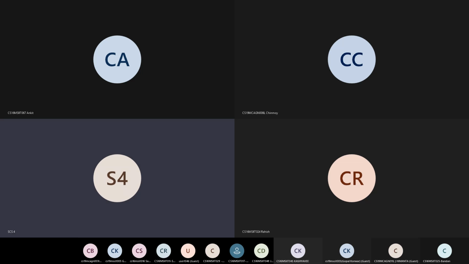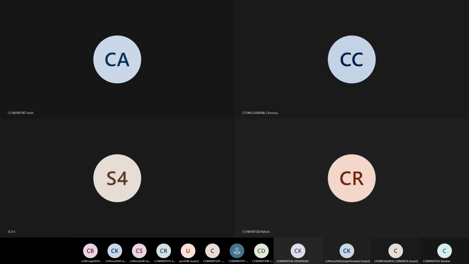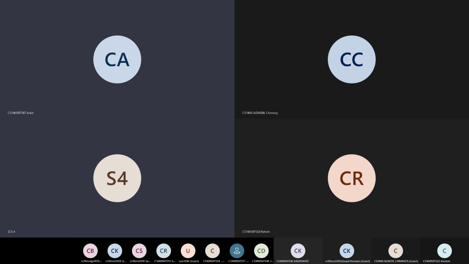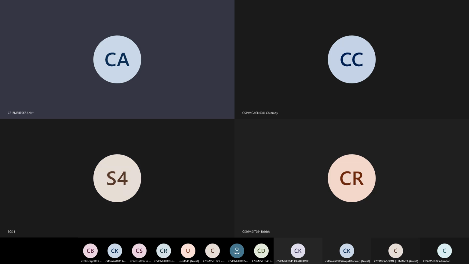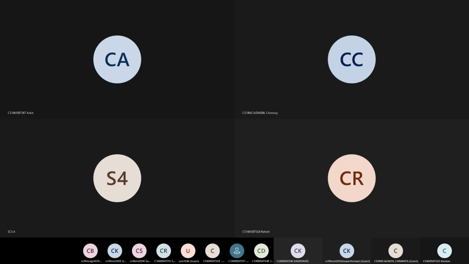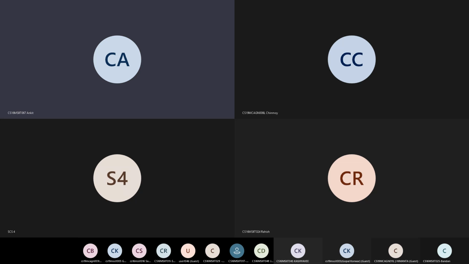Now I would like Ankit to start the session, and best of luck to all of you. Please start. Okay, the discussion will start from the MSc ID students. MSc ID roll number 1. Roll number 1 is present. No, I think roll number 2.